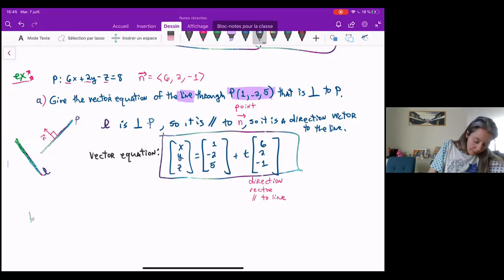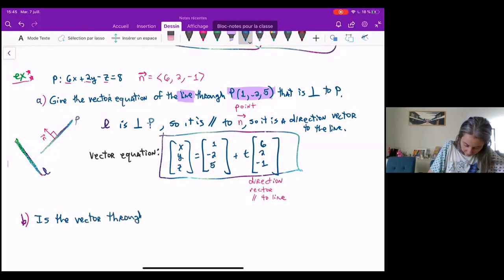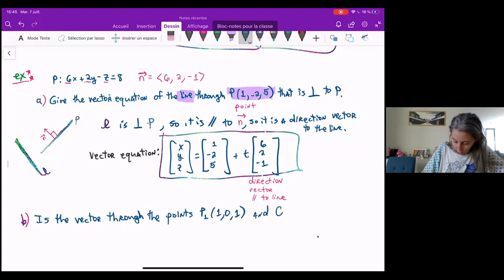So we're going to have a part B to this question, and that part B is the vector through the points P1, where P1 is (1, 0, 1), and Q, (-2, 3, 4), parallel to this line.